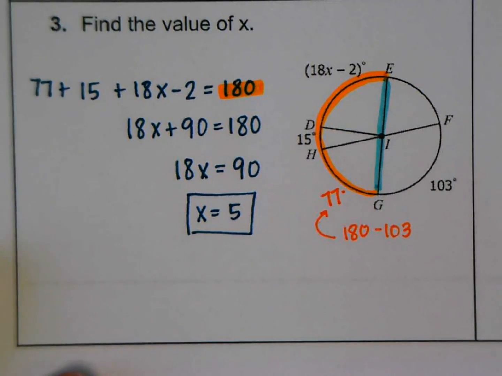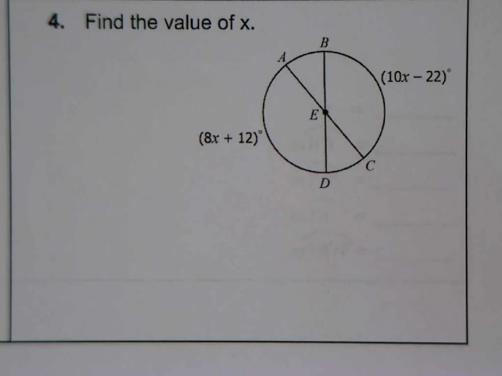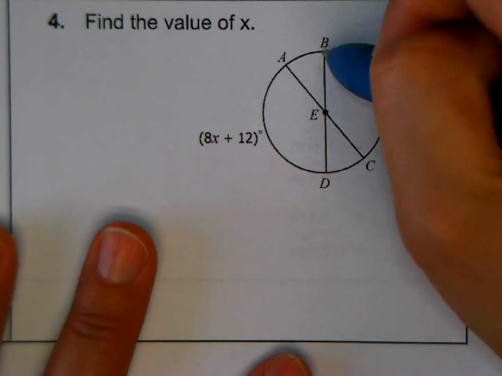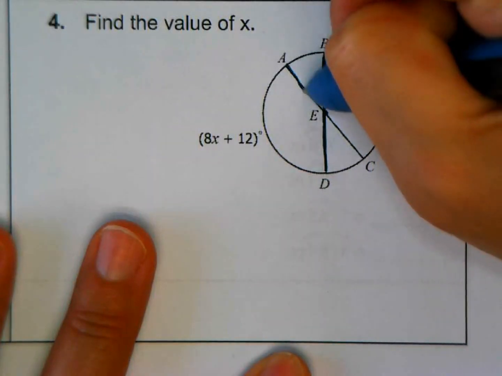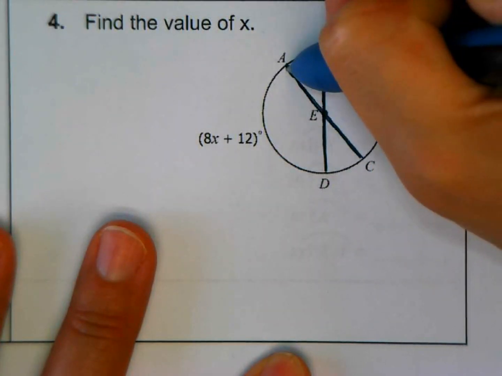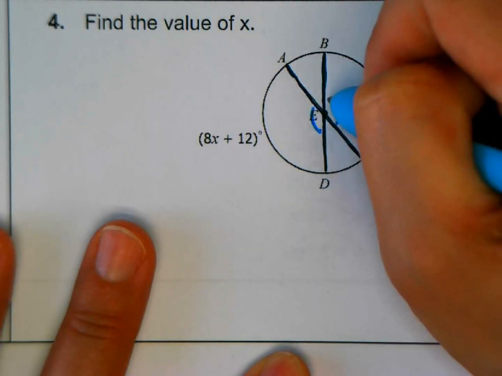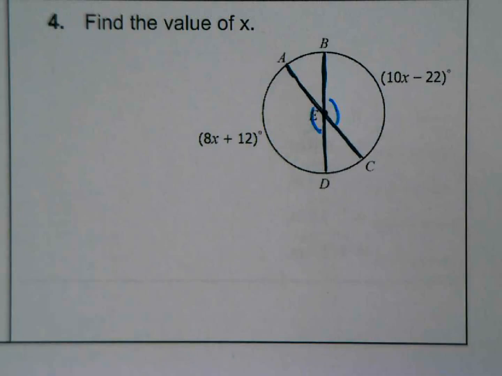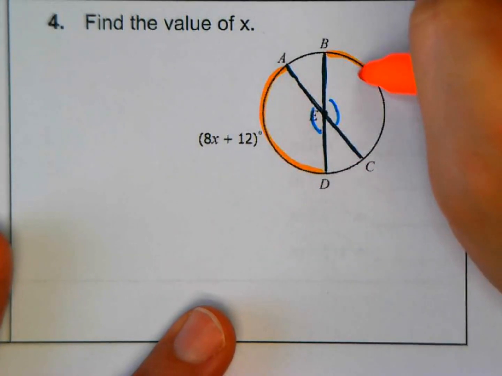Okay, what if you have this? You have 2 diameters. So I have one here that goes through the center, another one right here. It basically is making these vertical angles, which means that this arc and this arc are going to be the same.